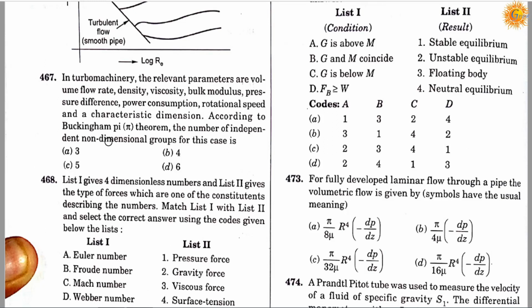According to the Buckingham Pi theorem, the number of independent non-dimensional groups for this case is: option A, 3; option B, 4; option C, 5; and option D, 6. So the correct answer is D. It will be 6.